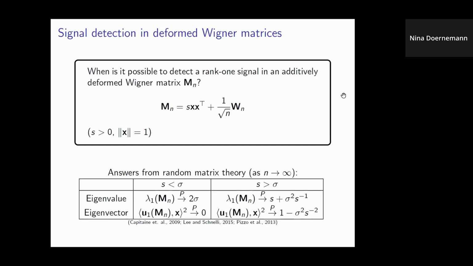If you think about a setup where n, the dimension of the Wigner matrix, gets large, then random matrix theory actually answers this type of question based on the spectrum, so based on eigenvalues and eigenvectors. It says that there is a critical threshold, which in this model of the rank 1 deformed Wigner matrix is sigma.